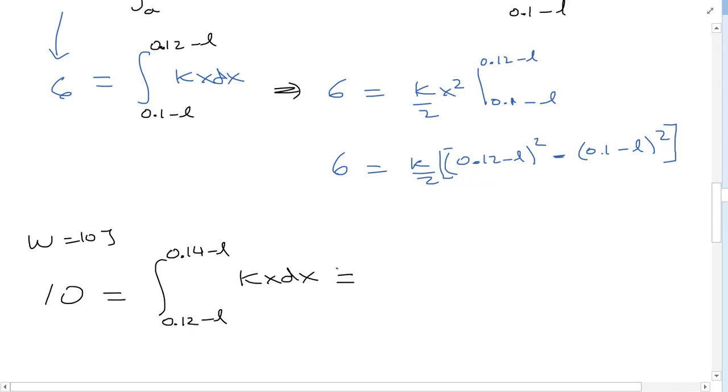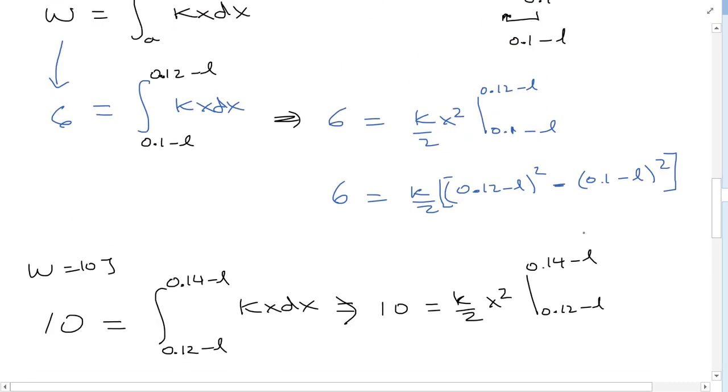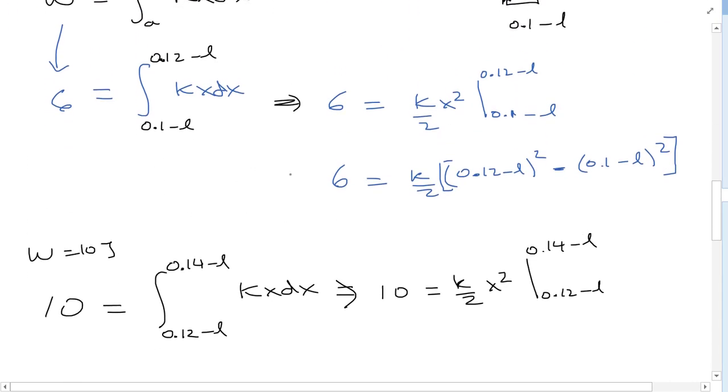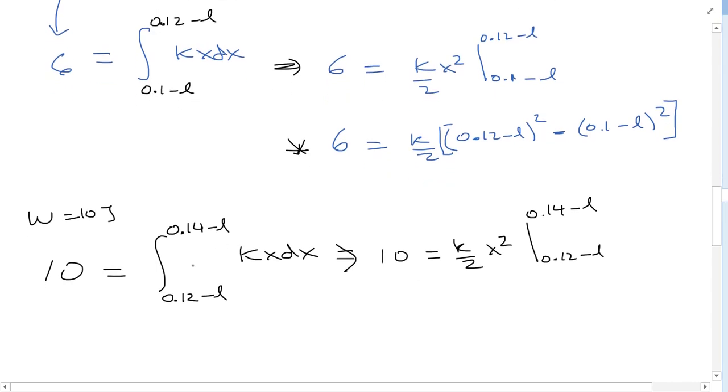And integrating in the same way, I'm going to have 10 equals k over 2 x squared from 0.12 minus L to 0.14 minus L. So essentially notice what we have. Once you plug in the 0.14 minus L and 0.12 minus L, we're going to get a second equation. So 10 equals k over 2 times, top limit first, (0.14 minus L) squared minus (0.12 minus L) squared.